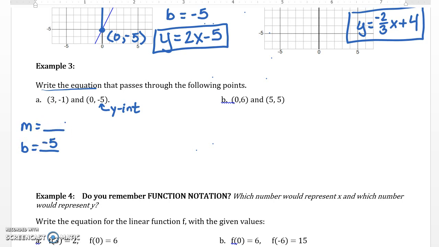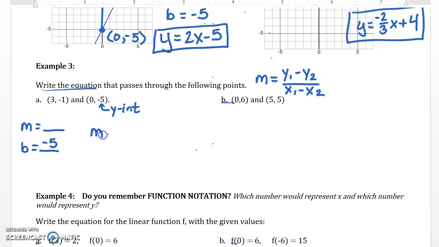So what's the slope? Well, 2 points will allow me to calculate the slope. Remember our slope formula. Our slope formula says m equals y1 minus y2 over x1 minus x2. So we could take our two ordered pairs, plug them in for the appropriate values of x's and y's, and calculate our slope.